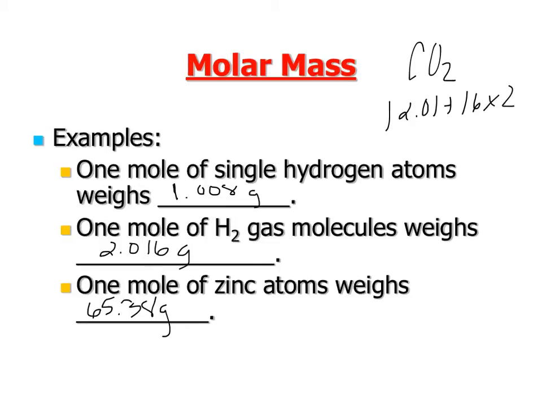It should be 32. So 44.01 grams. Right, so this is just molar mass. You consider things to be in ones. But let's see what we can use molar mass for.